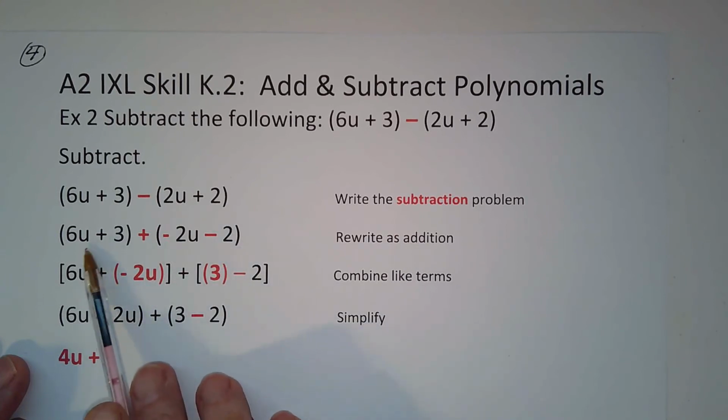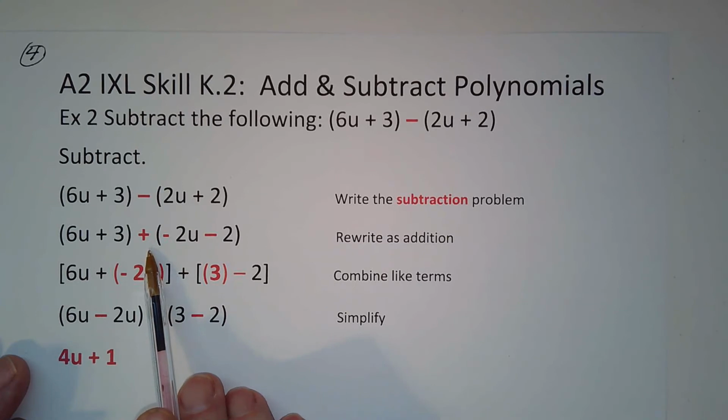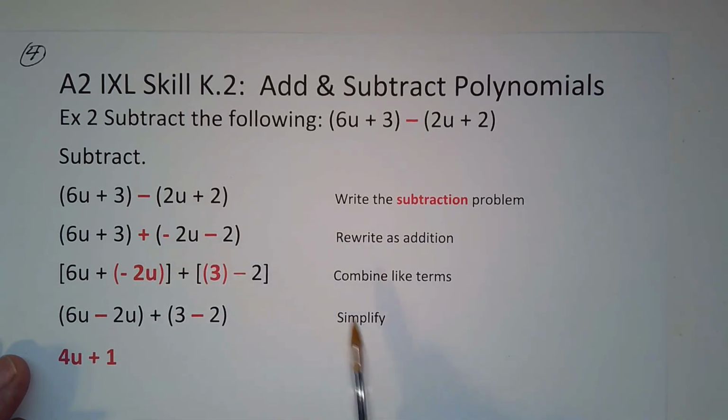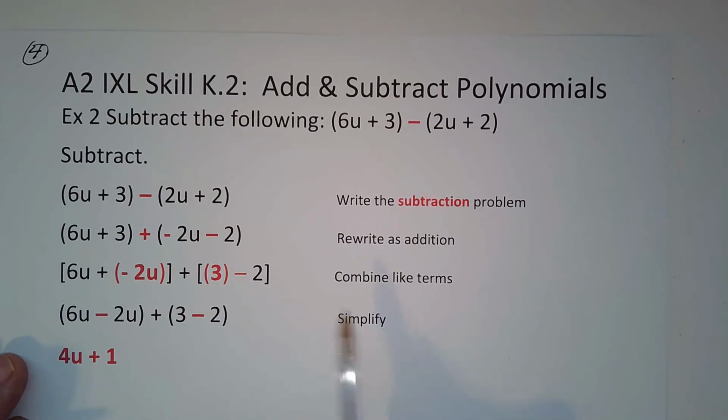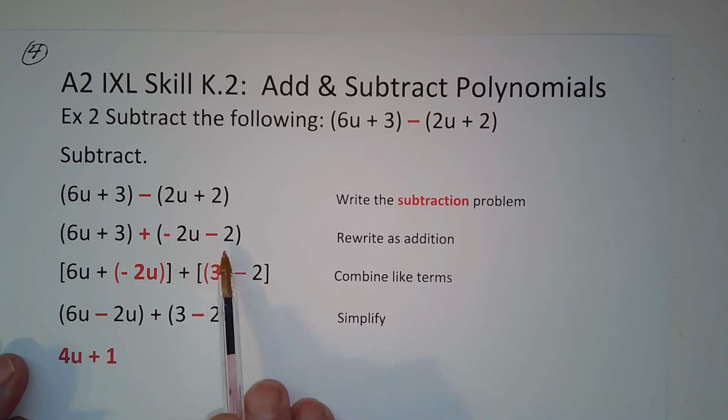So you're rewriting this as 6u plus 3 plus, and then in parentheses, -2u minus 2. So now we have two binomials. We have the subtraction operation embedded into the polynomials now, but we need to get like terms together. So we're going to combine like terms.